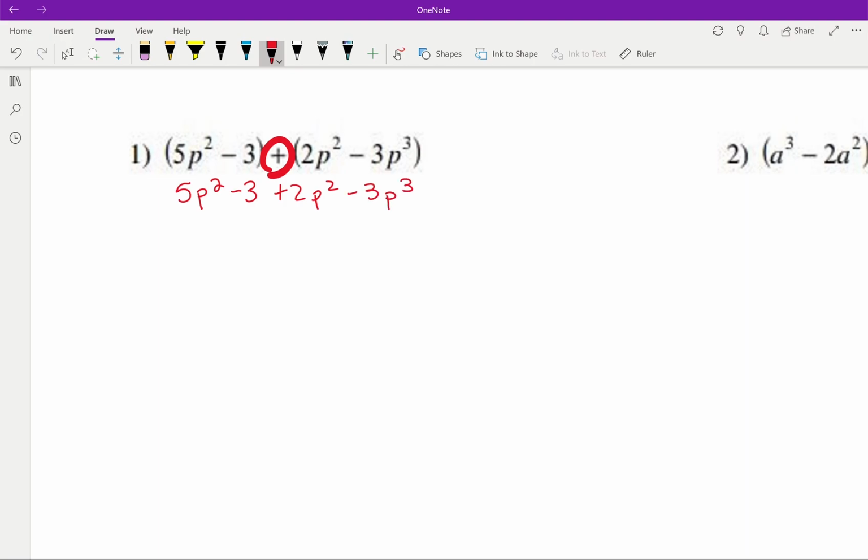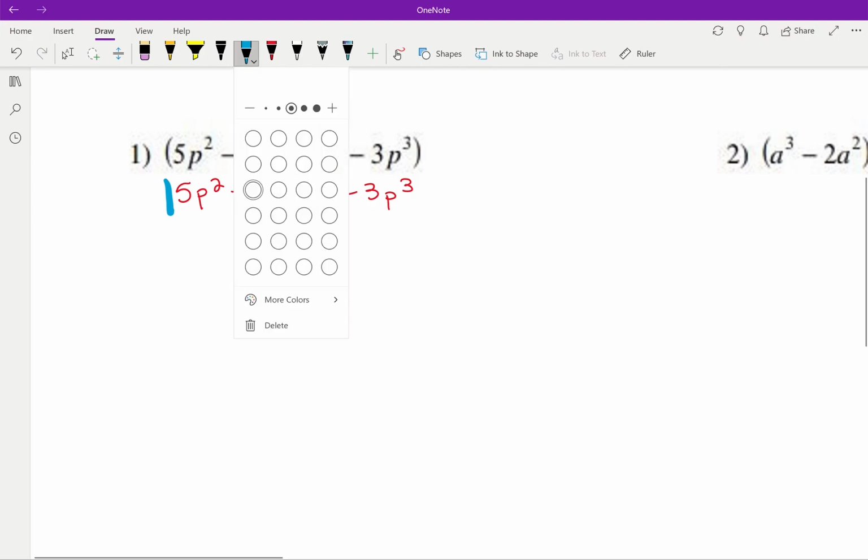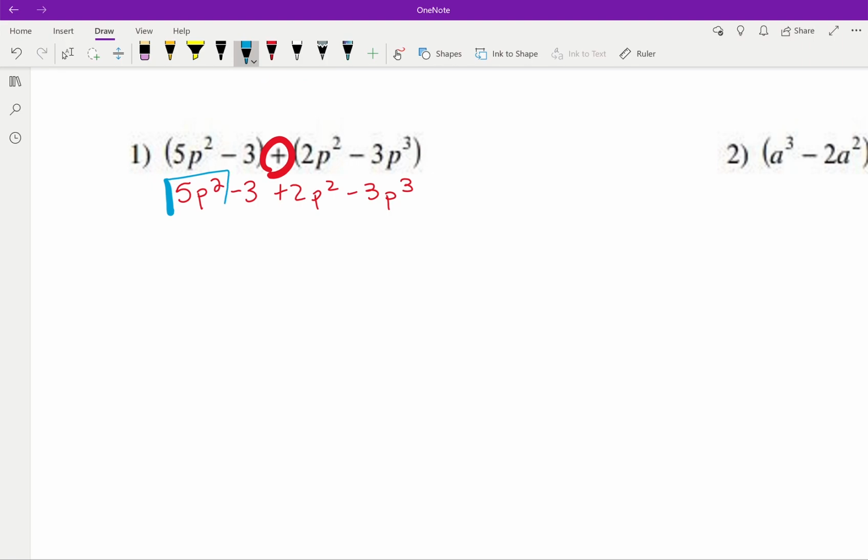Okay? Now we're going to look for like terms. Remember, like terms mean they have the same variable. In this case, it has to be the same variable with the same exponent. So for example, we have 5p squared, 2p squared.